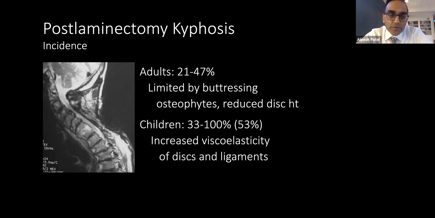I'm not sure if that holds true or not, and a lot of it depends, right? If you have a patient with a really stiff neck, where you've got osteophytes that really don't allow for much motion, or you've got discs that are collapsed down and near ankylosed, that person's probably not going to fall into kyphosis. But if you take the flip side, which is the pediatric world, right?